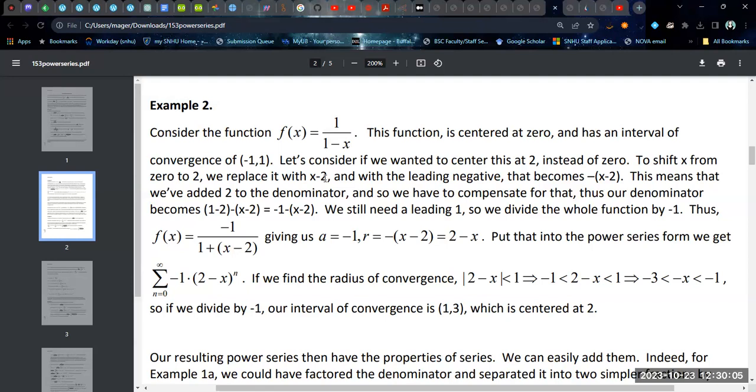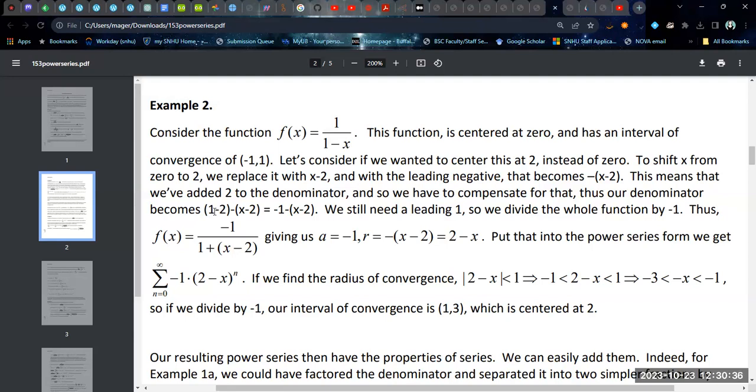So you have to make sure that your denominator does not change value. So in this case, because this is minus x and I replaced it with x minus 2, technically I'm adding a 2 to my denominator, because this is minus a minus. If I add a 2 to my denominator, I have to then subtract it from someplace else. And so I'm going to subtract that 2 from the constant.